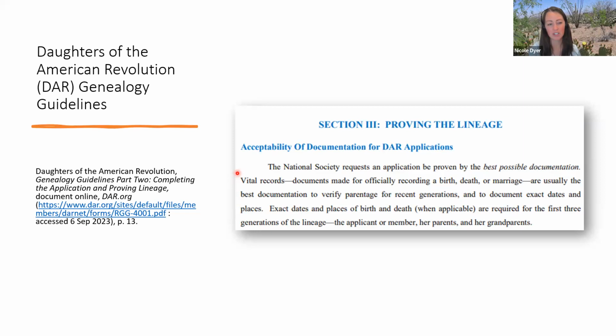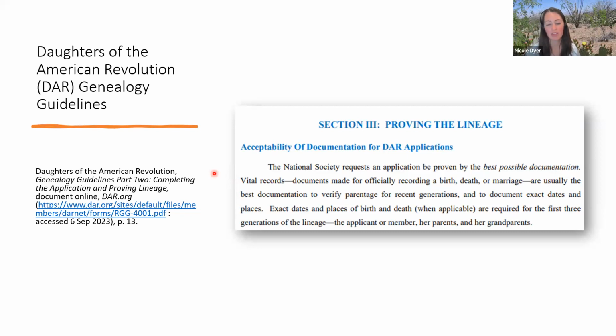To be admitted to their lineage society, you need to be a direct descendant of somebody who was part of the Revolutionary War. And to prove that, you need to show parent-child links and identity of each ancestor through birth, marriage, and death documentation.